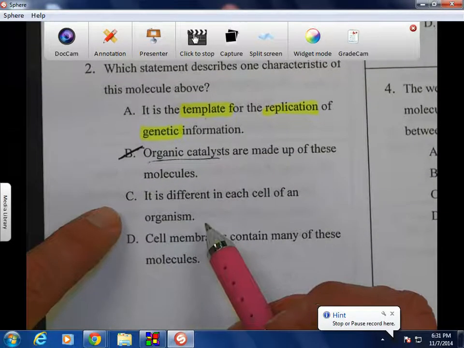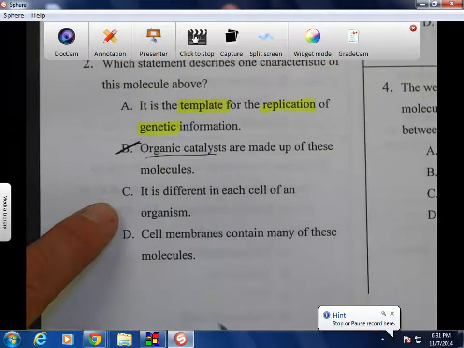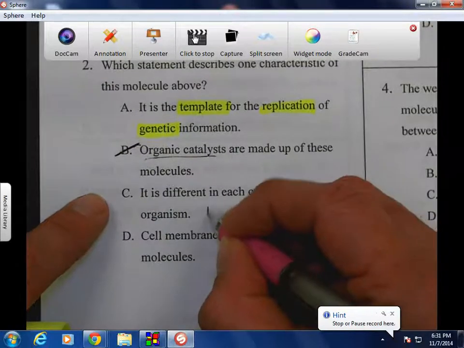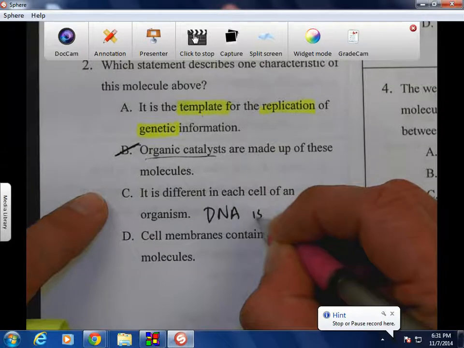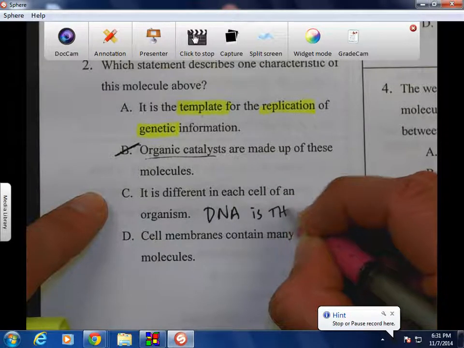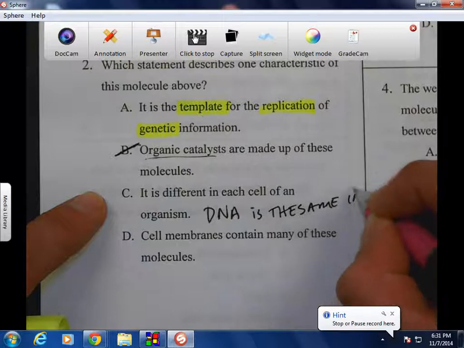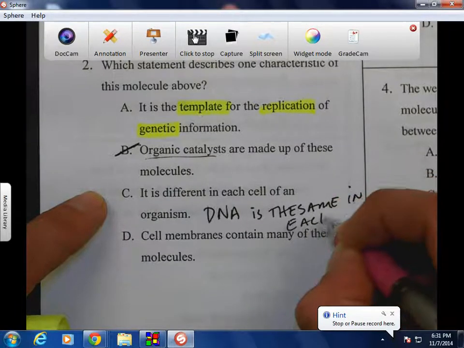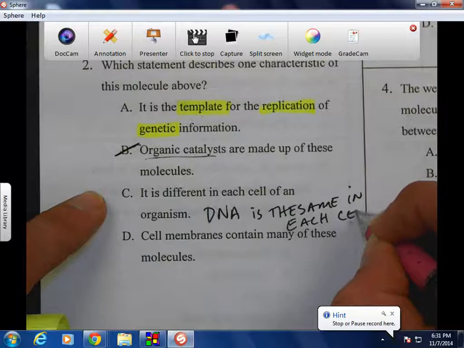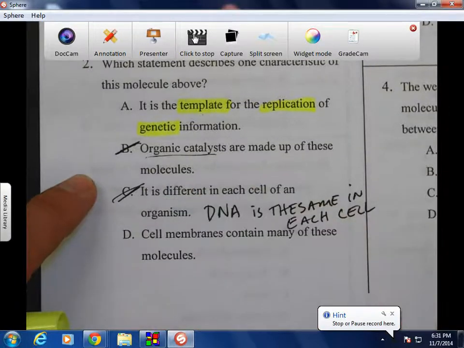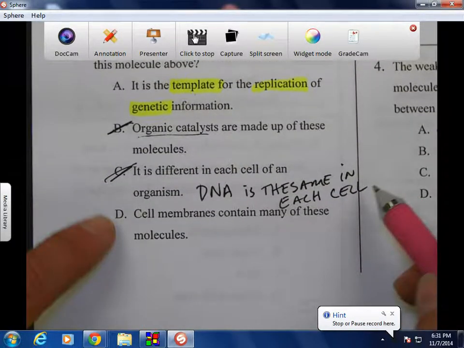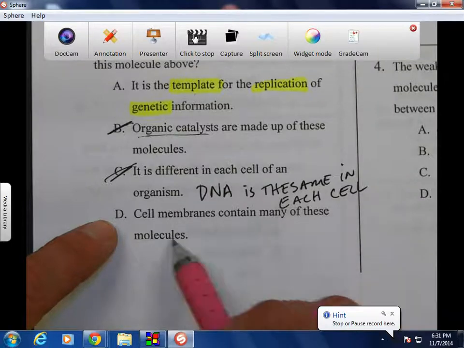The next answer, it is different in each cell of an organism. DNA is the same in each cell of an organism. So this is a wrong answer. D, cell membranes contain many of these molecules.